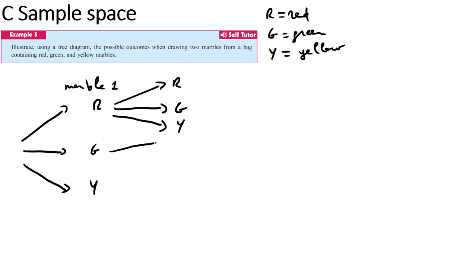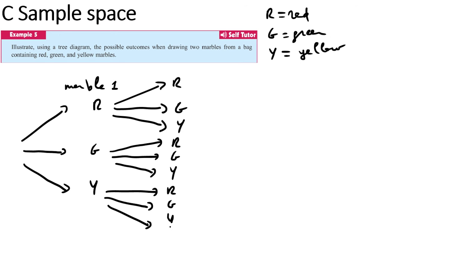And then when the first one is a green marble, the second one can be a red marble, or a green, or a yellow, and the same for the last one. Red, green, yellow.